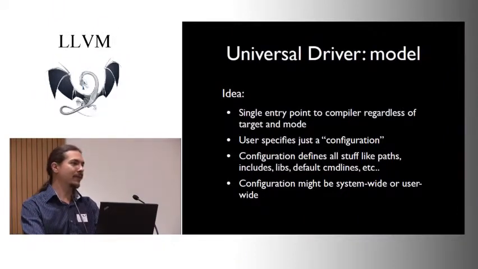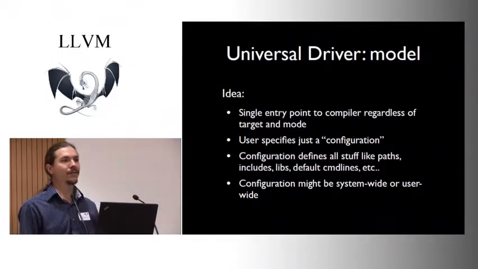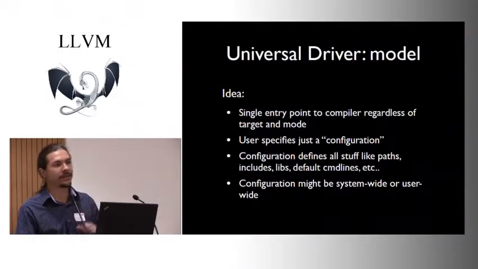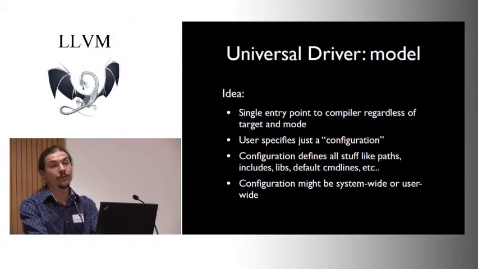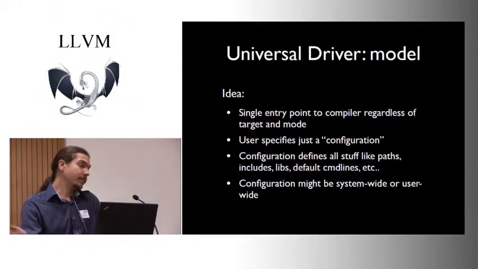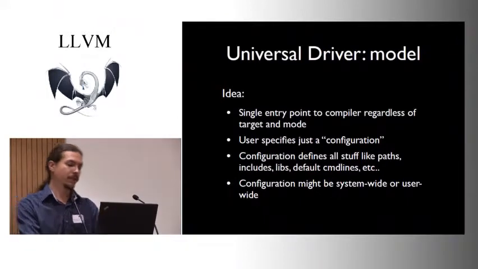If you look at how this is currently done inside Clang, you'll find a long list of hard-coded include paths for various versions of the compilers on various Linux distributions. Another thing is that the configuration should also be user-wide. This might be especially good for cross-compilation.